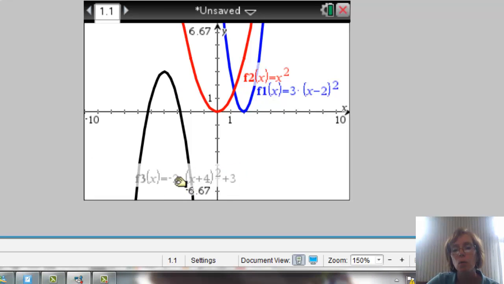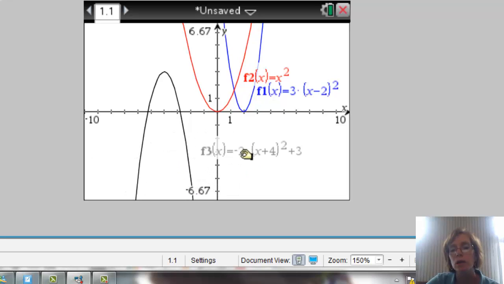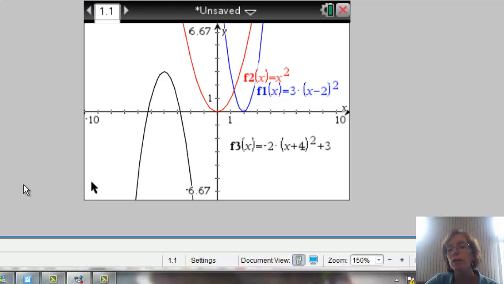Let's talk about why that's happening. By the way, you can kind of grab that with your mouse and your clicker and move that around. Let's see what's happening. The x plus 4 is shifting it 4 units to the left. The -2 is making it open down and is narrower, and the plus 3 is shifting the whole thing up 3. So we will look at this some more.